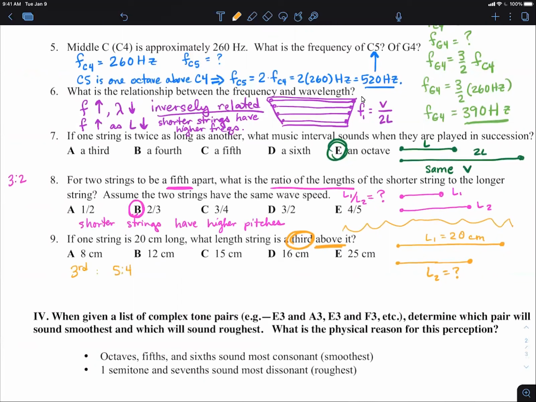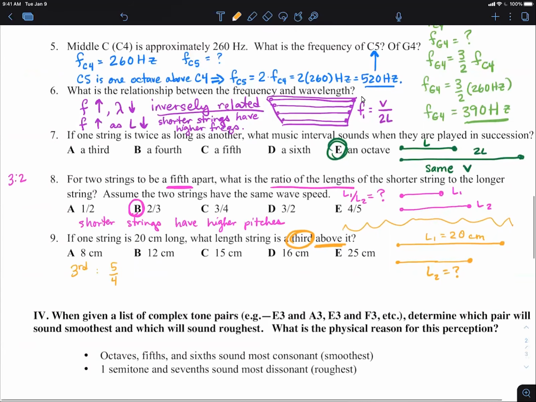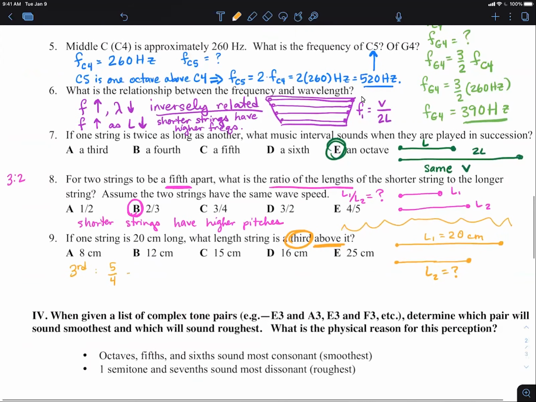Okay. That can also be written as 5/4. And then you have to say, okay, that ratio of 5:4 is the same as the ratio of my two lengths, but which one goes on top? The longer string has to go on top because 5 is greater than 4. So that says L2 over L1 is 5/4.